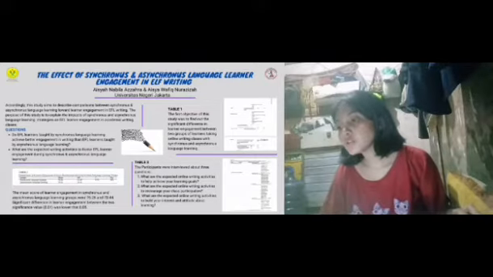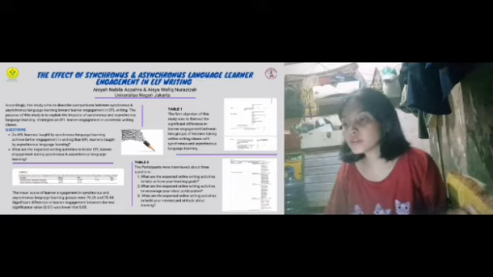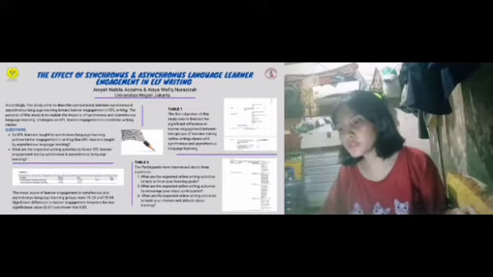The second table showed that the mean scores of learner engagement in the synchronous and asynchronous language learning groups were 76 and 70. The statistical computation showed that there was a significant difference in learner engagement between the two groups of learners, because the t-value was higher than the t-table, and the significance value was lower than 0.05.